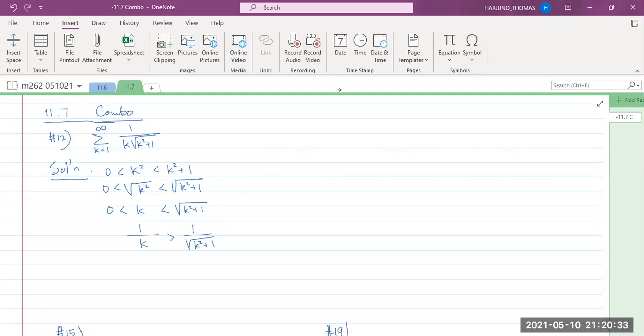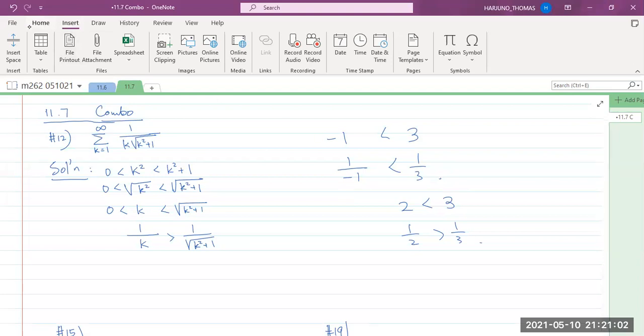Let's say one of them is -1 and the other one is 3. -1 is less than 3, and the reciprocal still maintains the inequality. But if both of them are positive, then for the reciprocal you reverse the inequality sign.